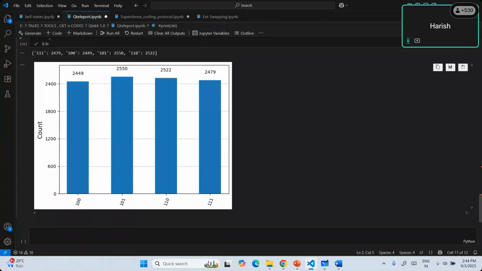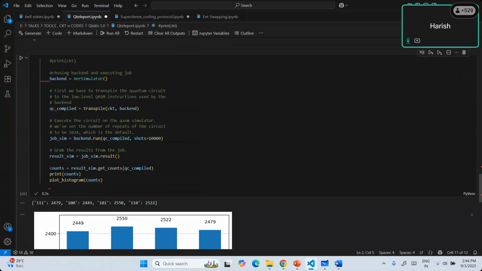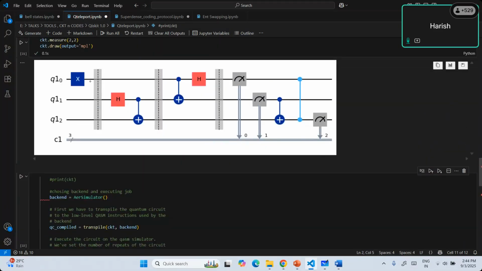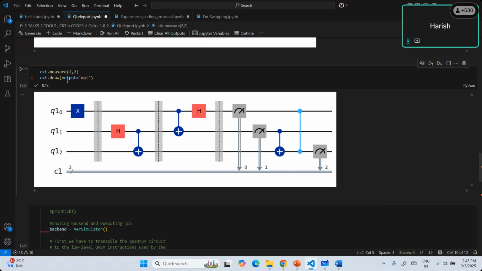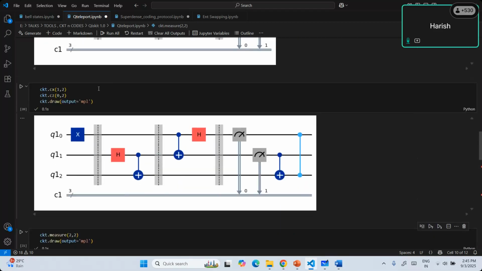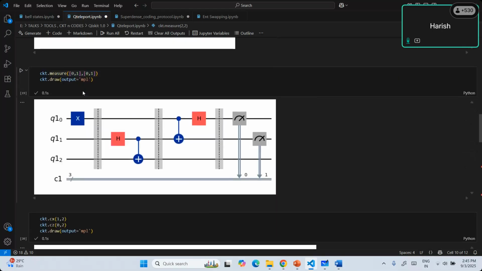At the end, our goal was that Bob should have state 1 in the third qubit, because Alice wanted to send 1. We have made it 1, and Bob is getting 1 at the third qubit. We are not bothered about the first two qubits, only that the third qubit should be value 1. So let's initialize with 0, then also it will work.